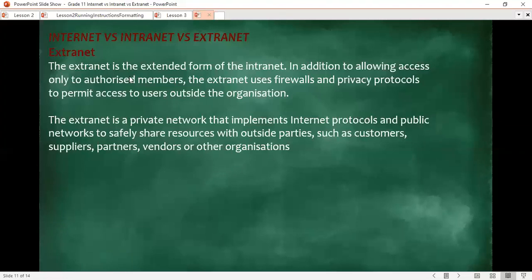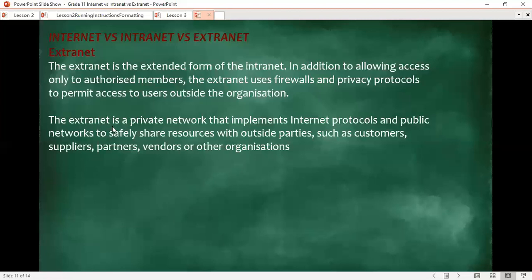So here I will make an example. I was talking maybe about the Department of Education. No matter which district you go to, they are able to see the information about you. They can see where you were working, where you were employed before, all of those things. That is an extranet. It is a bit wide.